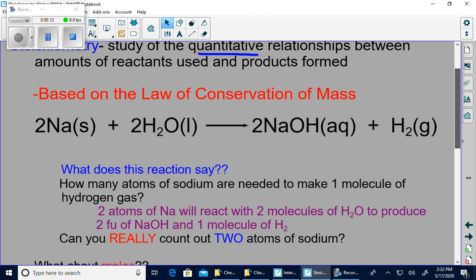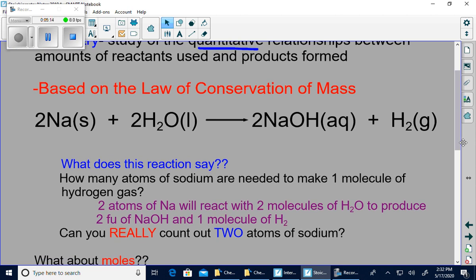All right, let's look at this reaction. It says 2 sodiums that are solid plus 2 water, dihydrogen monoxide, that's liquid, yields 2 sodium hydroxide, that's aqueous, so that means it's dissolved in the water, plus 1 hydrogen gas. All right, so what does this reaction really say? What do those coefficients mean? Well, they're talking about atoms.